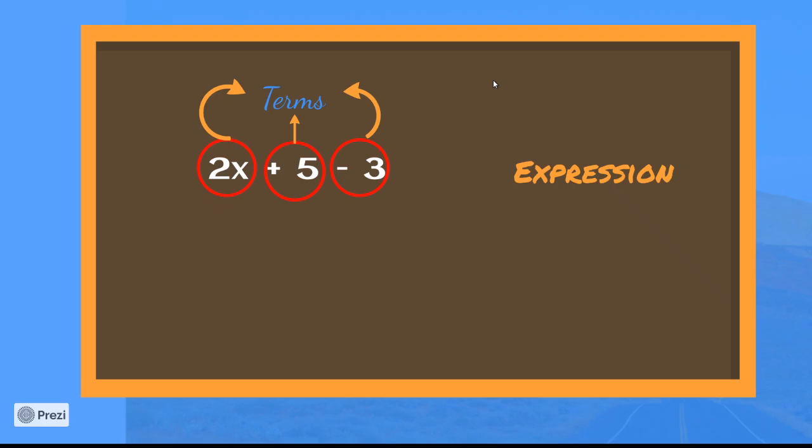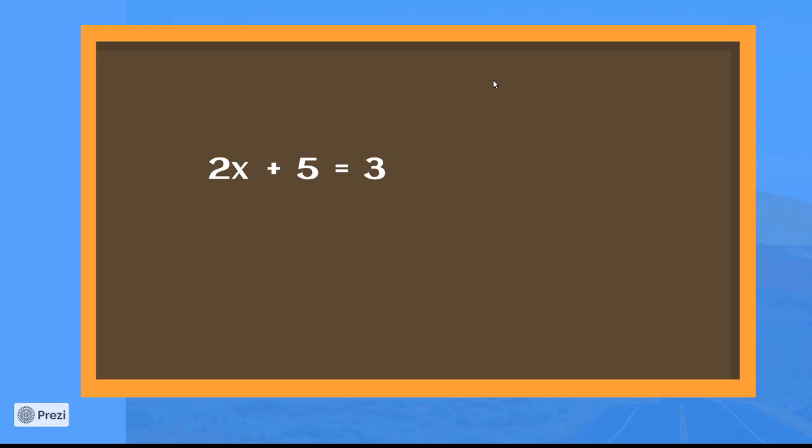Now suppose I put an equal sign somewhere in between, then this is not an expression. It is no longer an expression, it becomes an equation. Did you notice that when you put an equal sign, you get an equation? Equal, equation. Do you sense the relationship?